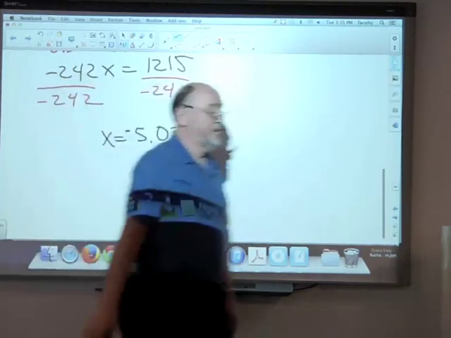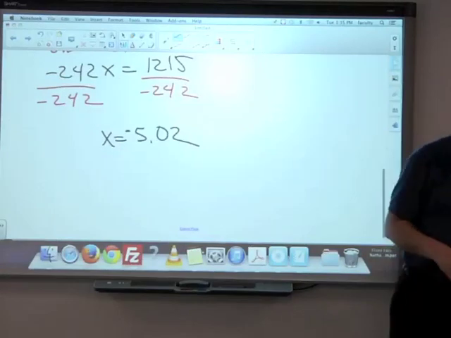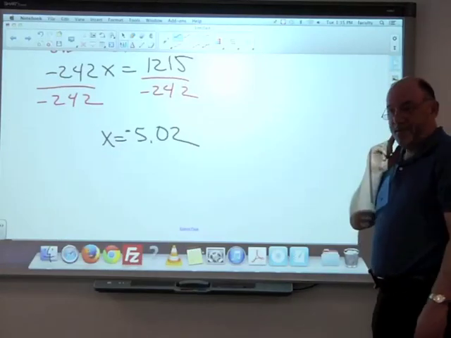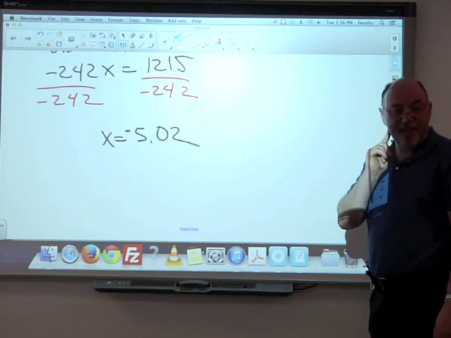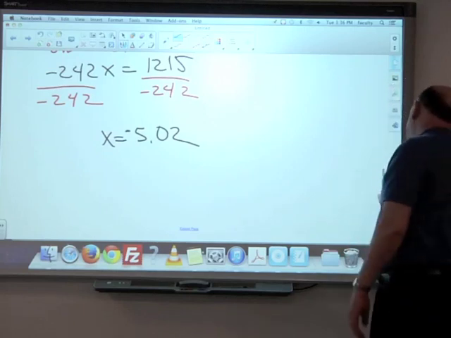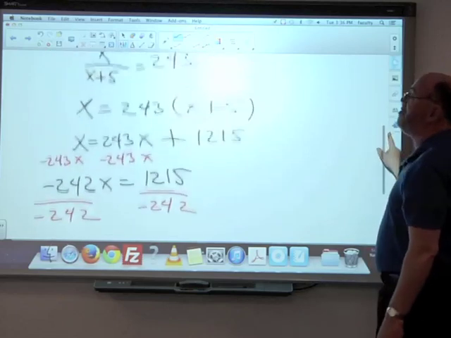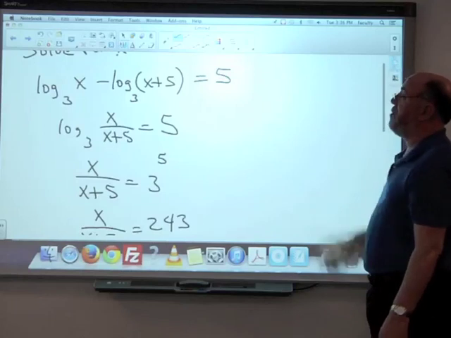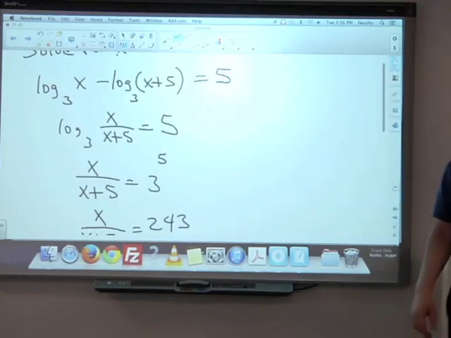Given what I said earlier, does this have a valid solution? No. Because if I take negative 5.02, I have a problem. So in this case, like I said, you do need to check.